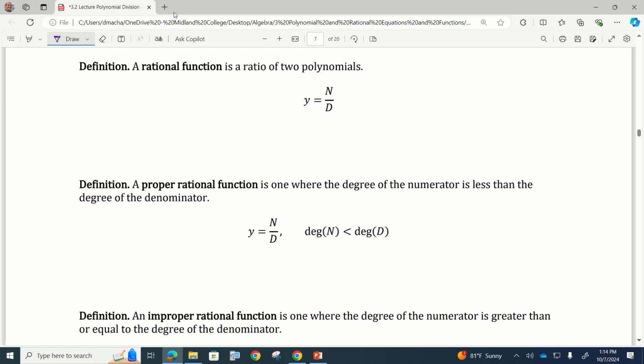So next, if we use the term rational function, a rational function is a ratio of two polynomials. So this is a rational function if we say n is a polynomial and d is a polynomial.